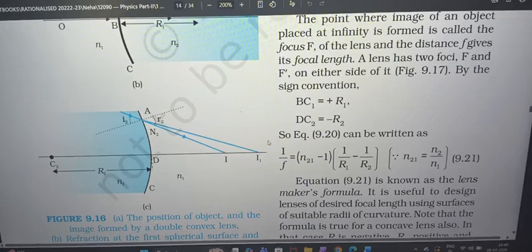Whenever we were seeing any sort of mirror where the object is kept, there only the image is forming, meaning we got real and inverted images, and we were considering the object and image distance both to be negative. Because that scenario is occurring over here, though it is towards the right, we are considering the sign conventions for object and image distances as negative over here.